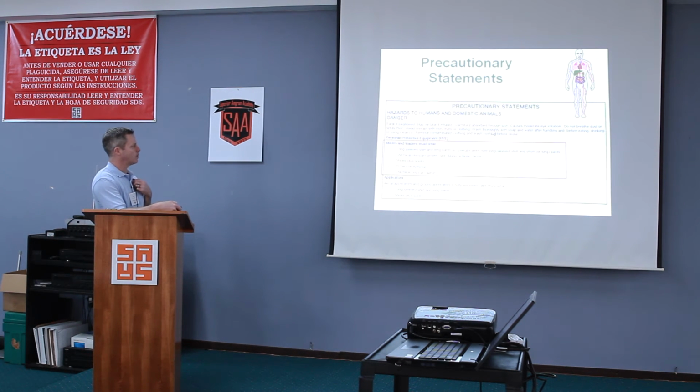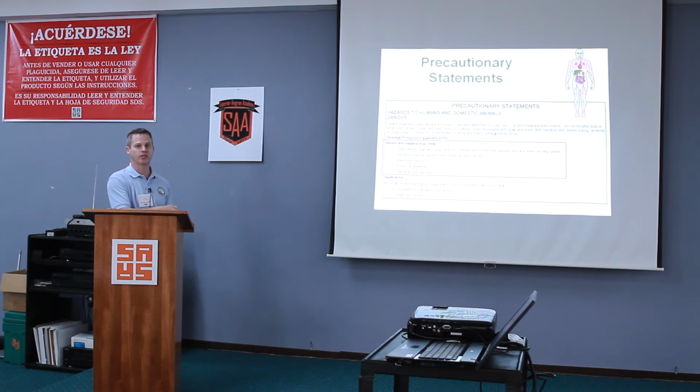So again, mixers and loaders, someone that's mixing a pesticide, obviously the risk of pesticide exposure is much more, and the PPE, or your personal protective equipment requirements, may be different than the applicator requirements.